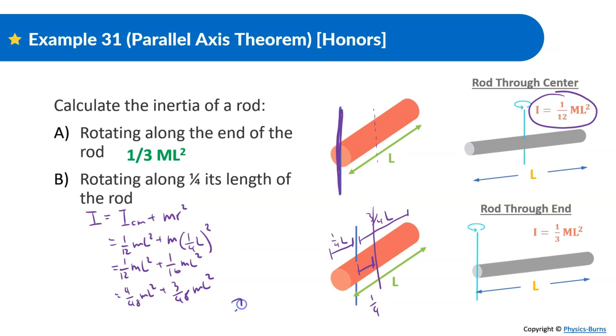So we have 7 out of 48 ml squared. All right, I hope that made sense. I'm sure it was a little bit confusing, but watch it again. It takes a little while to get used to, but it's not really that hard. It's not as hard as it looks.